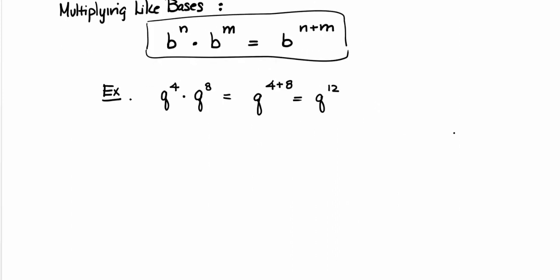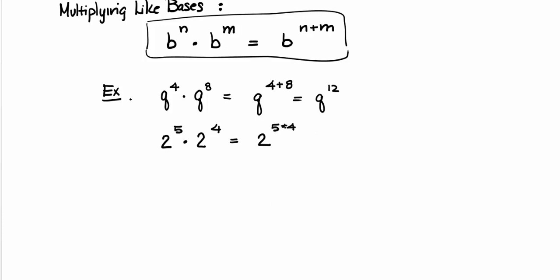Okay, so in that case, my base was a variable. But I could have a number. I could have 2 to the 5th times 2 to the 4th. So that's going to be 2 to the 5th times 4.